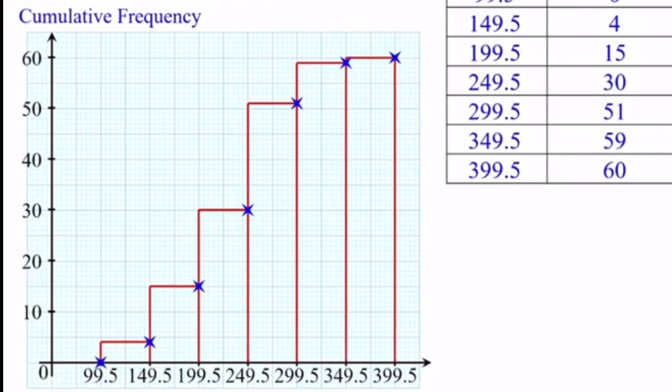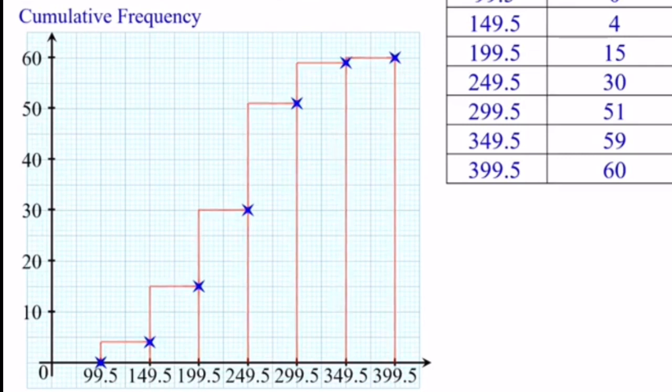So when you are asked to draw the cumulative histogram, this is how you do it, right? Do it carefully and accordingly, so that the cumulative histogram will look very neat and in order.